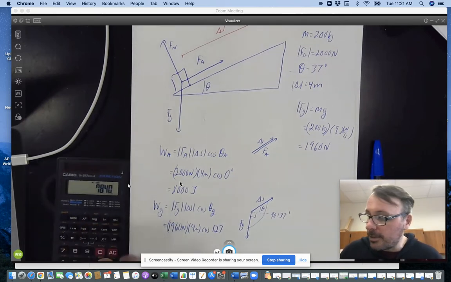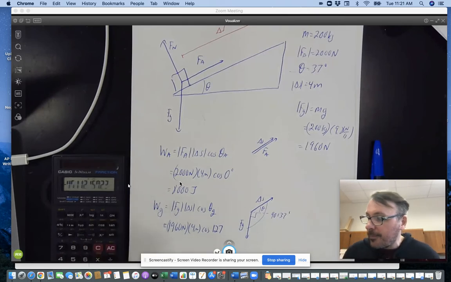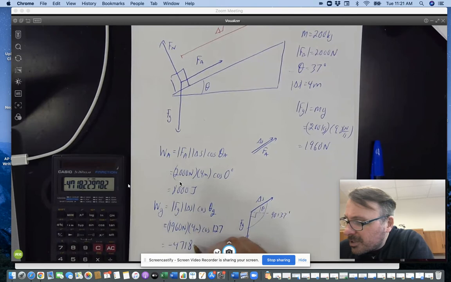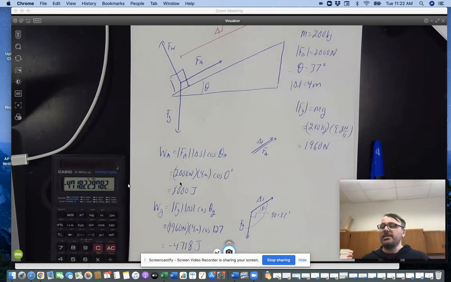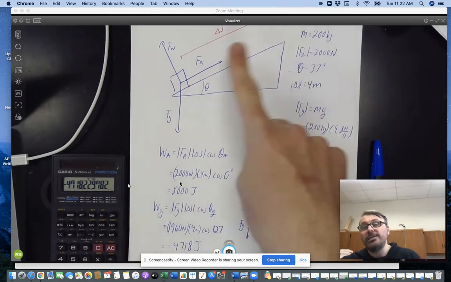Well, let me just quickly do this calculation here. You can see me doing this on the side there, and I get negative 4718 joules. We'll just round it there. Okay. So does that make sense? Well, hopefully you're saying yes. The action of this applied force going along with the displacement is trying to speed up the object.